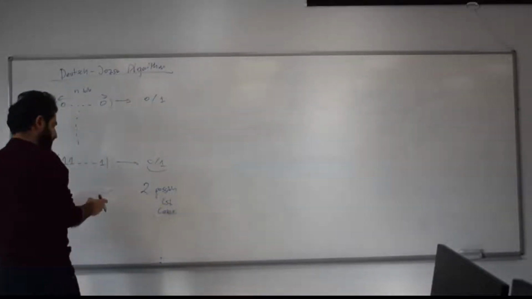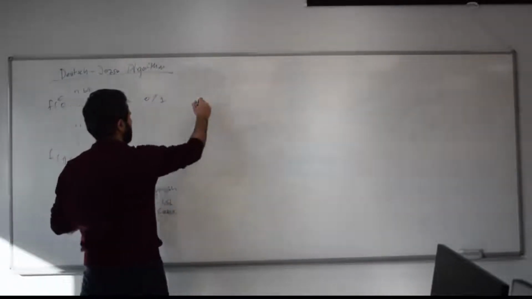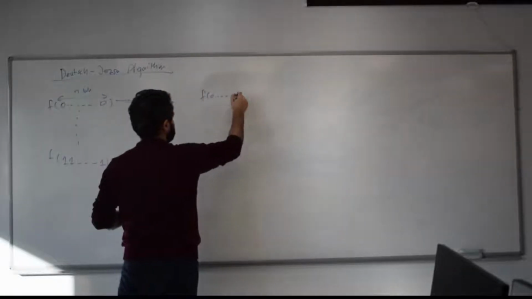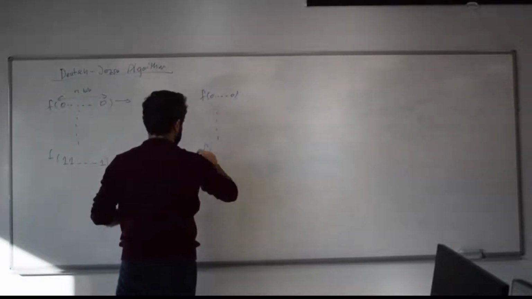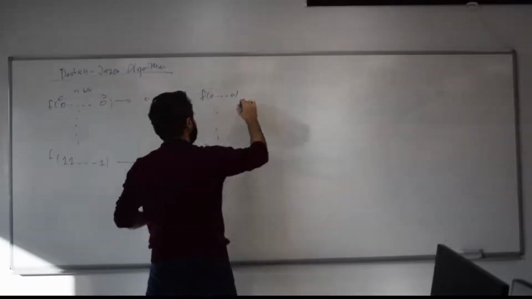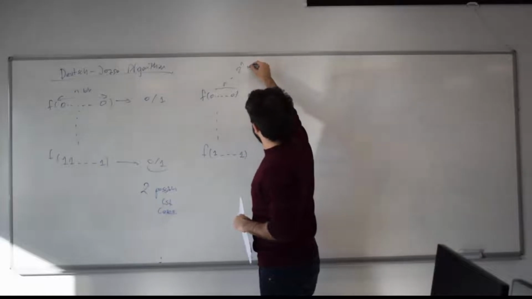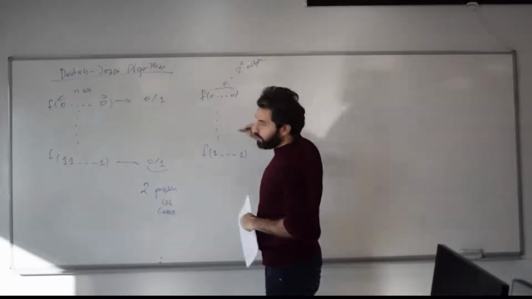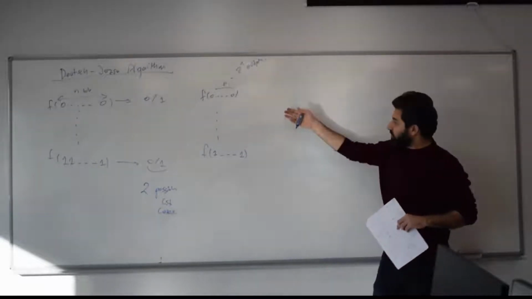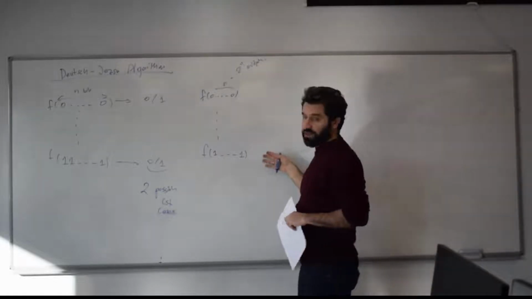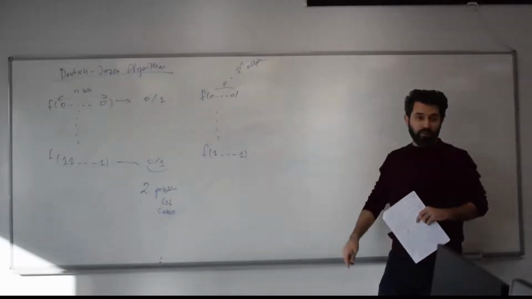Okay. In the balanced case, we have the same functions. I mean, this is one of them. Then there are 2 to the n inputs, and those are mapped. So we could have half of the outputs be 0 and half of them be 1.